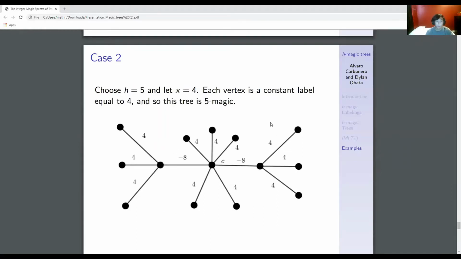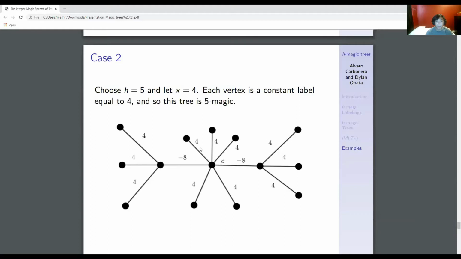For a concrete example, we let h equal 5 and x equal 4. And so the pendant vertices will get labelings 4. This vertex right here will get labeling of 12 minus 8 mod 5. So that's going to be 4 as well. And likewise for this vertex.